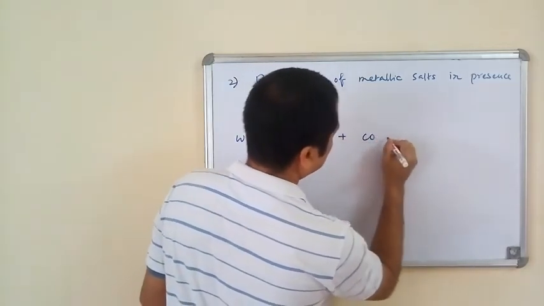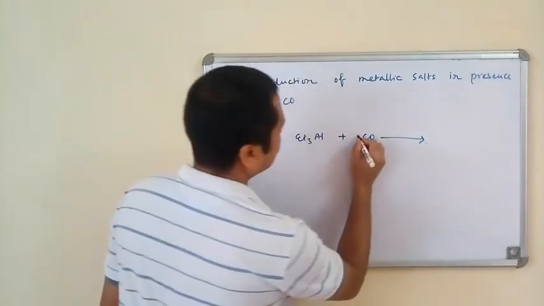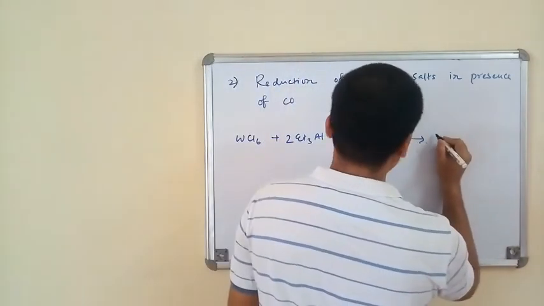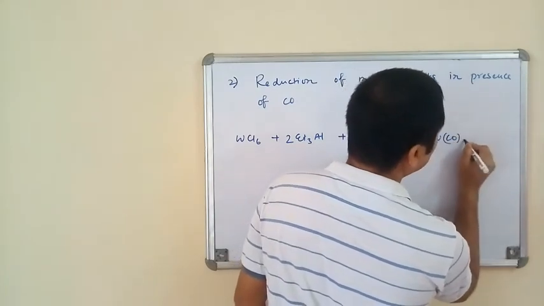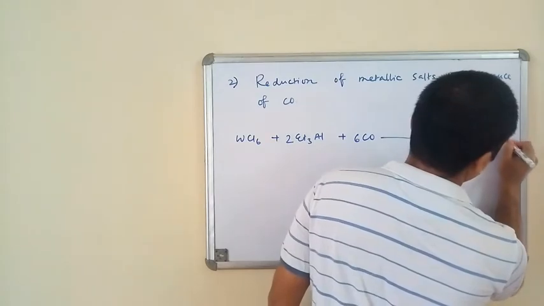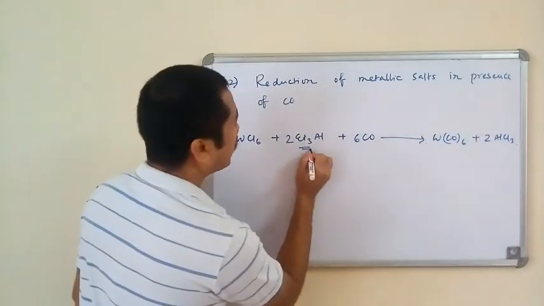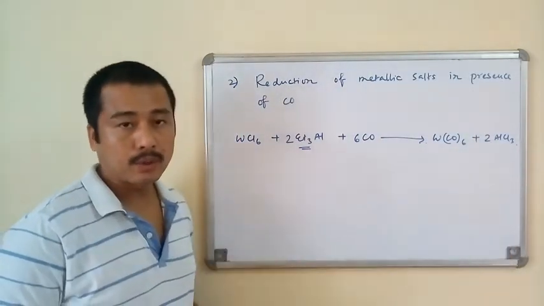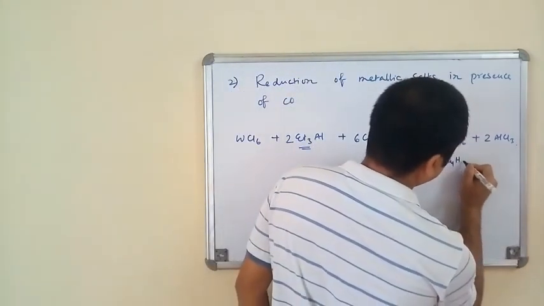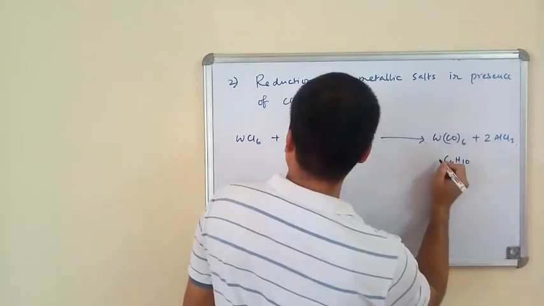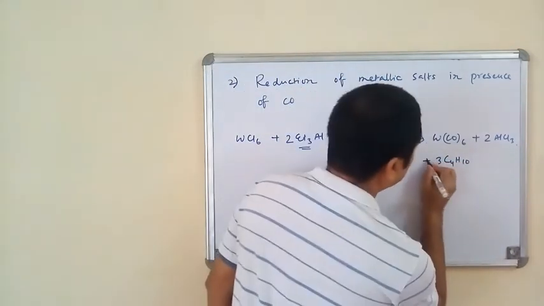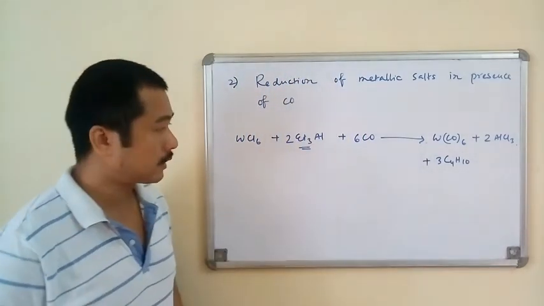If you do the reaction in the presence of CO, then W(CO)6 is produced and two equivalents of AlCl3, while the ethyl groups will undergo oxidative coupling to form C4H10, and three equivalents of C4H10 are produced during this reaction.